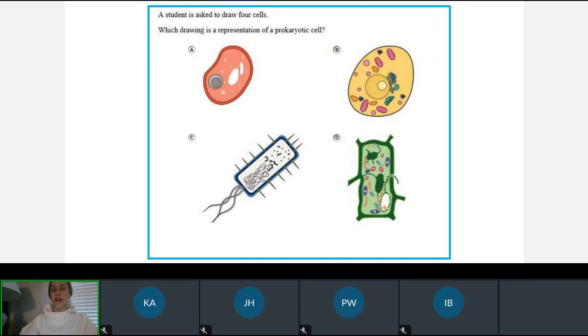You are made out of eukaryotic cells. Will someone get on the mic and tell me what EU means? You, as in yourself. Okay, good. Can someone tell me what EU means? We're dissecting that word, right?